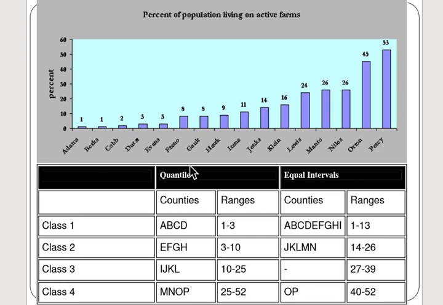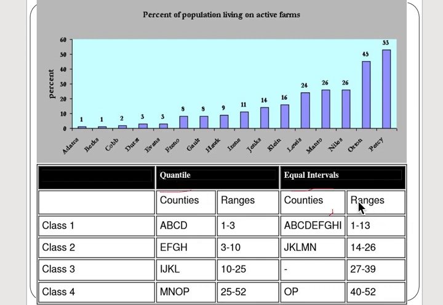When we compare the percentage of population living on active farms with the equal interval classification, we could see that the counties are not equal compared to the quantile.